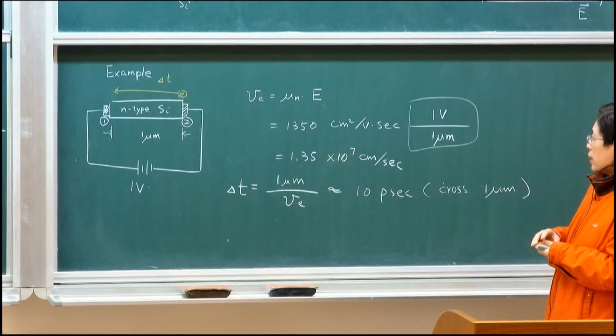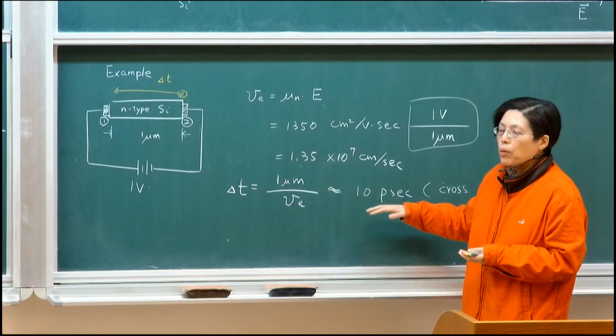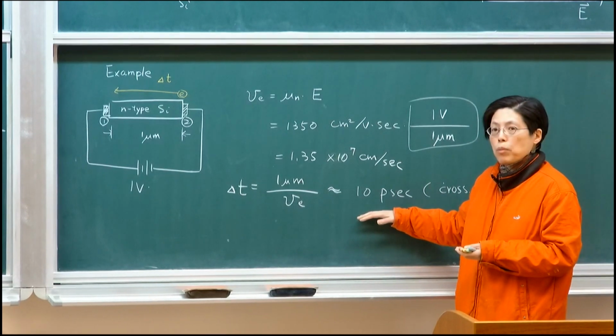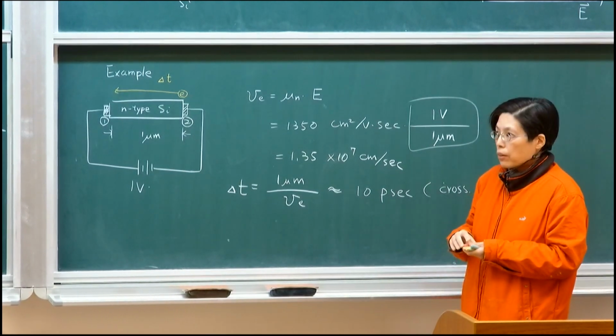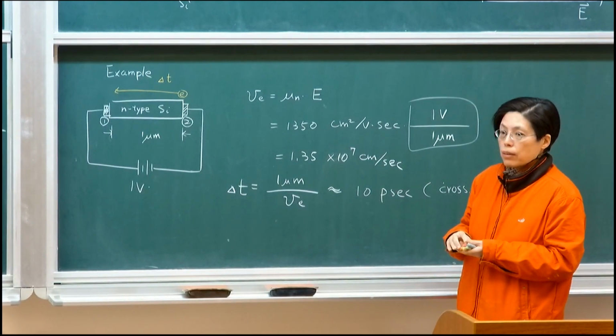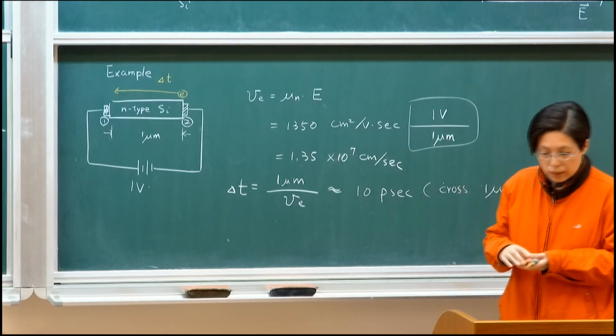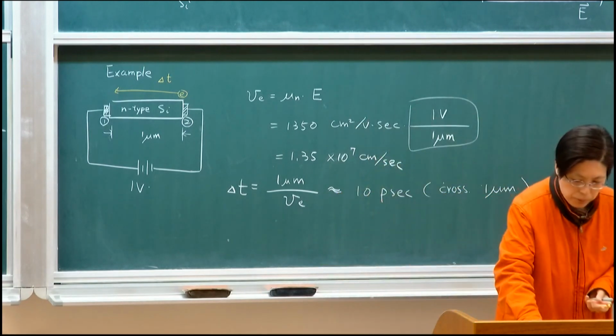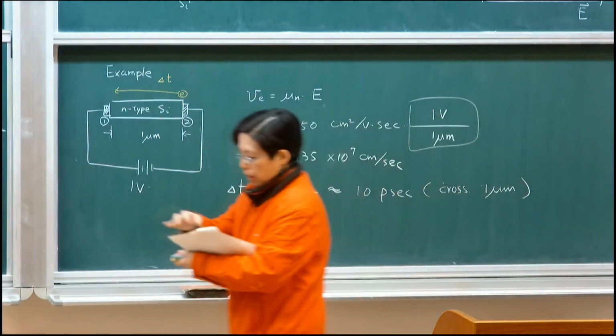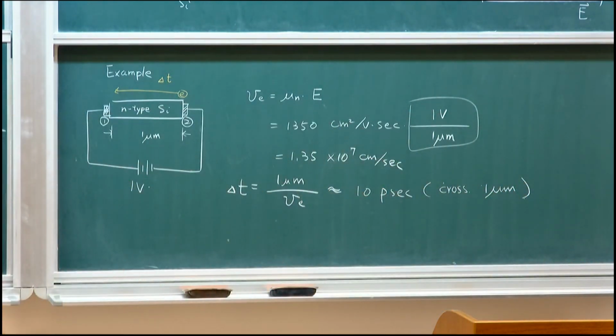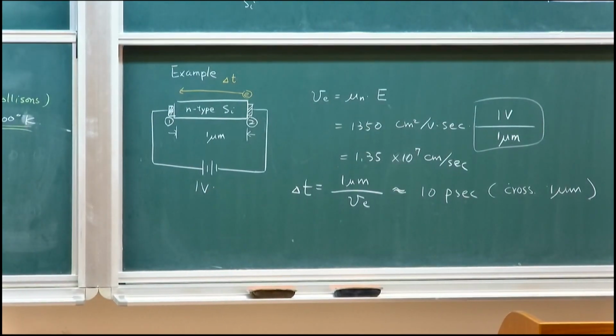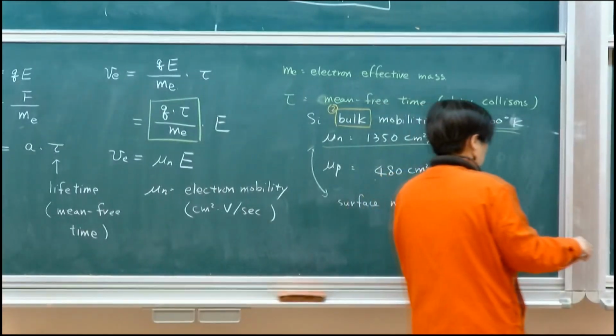Okay, the next thing is that aside from knowing how fast it can move from one terminal to the other, a key important parameter is how it affects our current. So then I probably need this to make sure that I don't make a mistake. So we want to know the drift current. That's the key important thing.